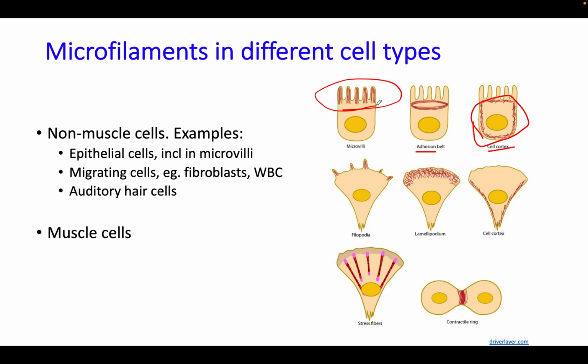Another type of non-muscle cell is auditory hair cells. These are cells found in the inner ear that contain actin. In particular, these cells have stereocilia, basically small hair-like projections, and they're referred to as hair-like because they're very, very thin.